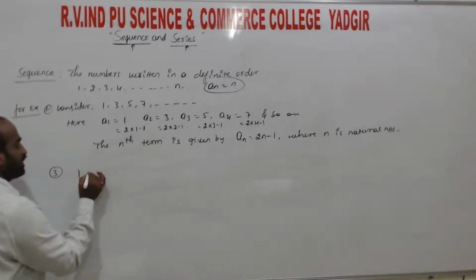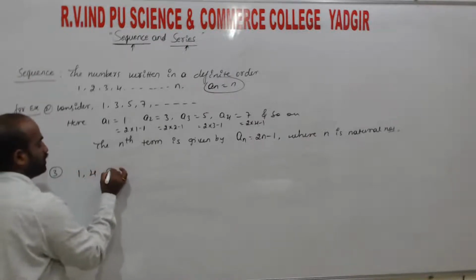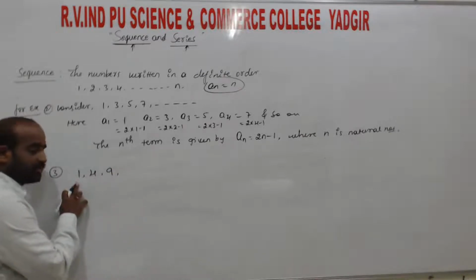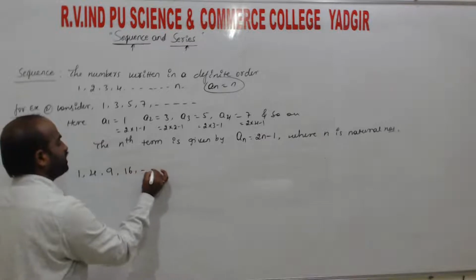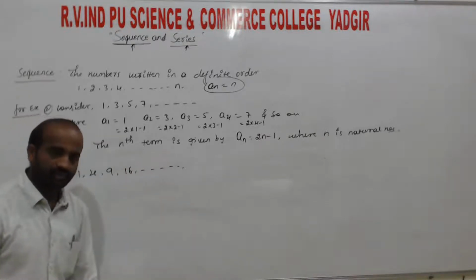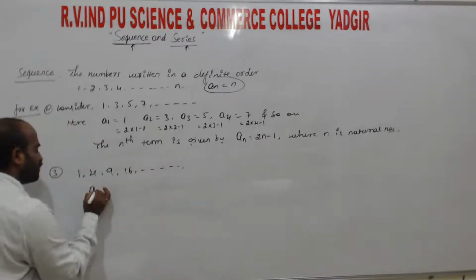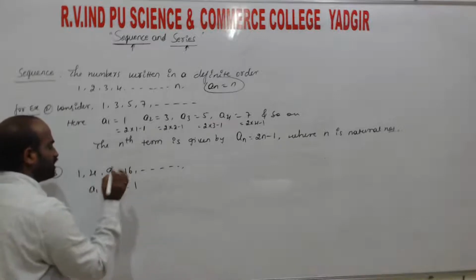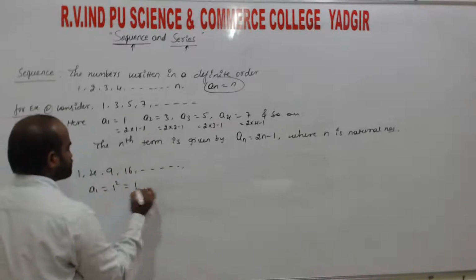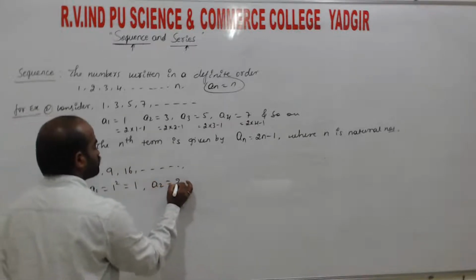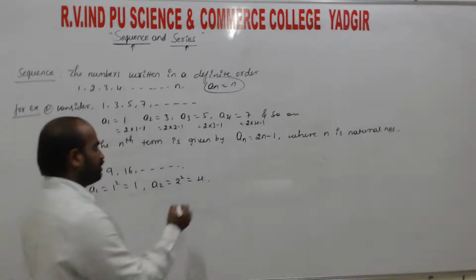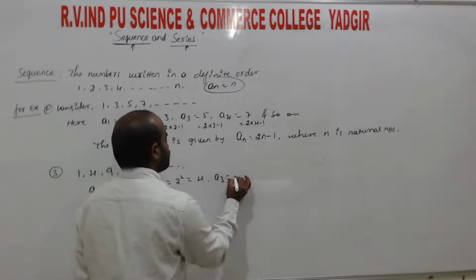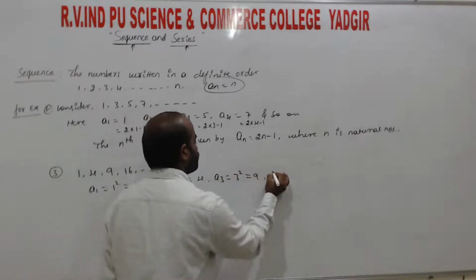Third one, for example, 1 square is 1, 2 square is 4, 3 square is 9, next 16 and so on. A1 equal to 1 square is 1. Next, A2 is 2 square is 4. Next A3, 3 square is 9.